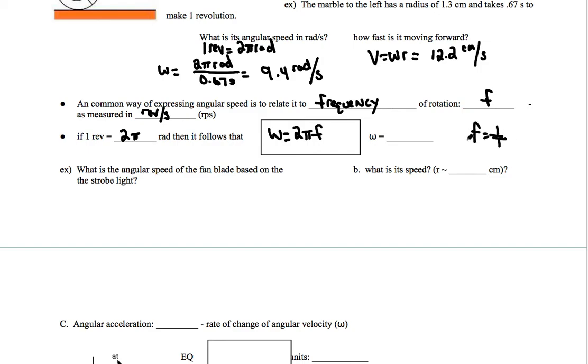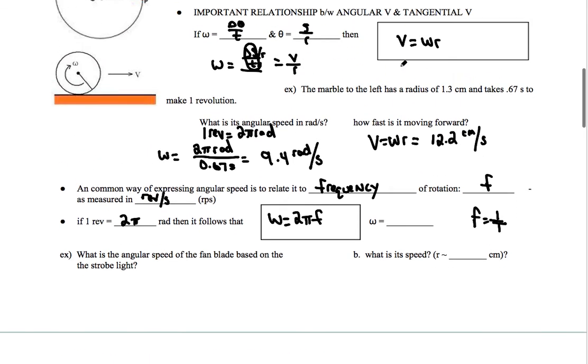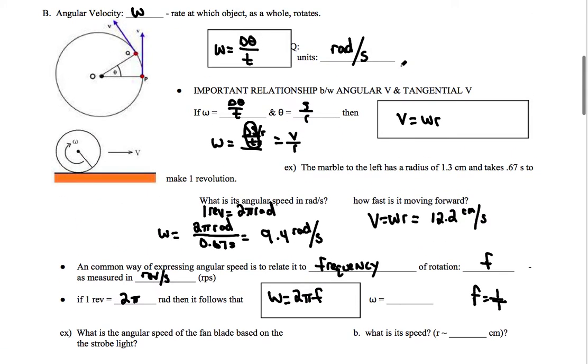This is the relationship between frequency and period. And if you basically put in your period as up here, your period is right there.